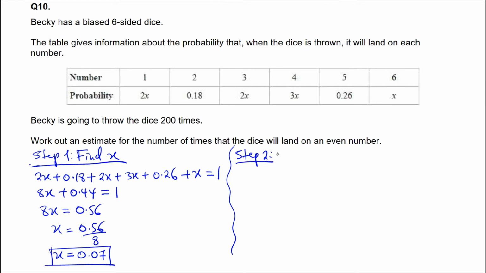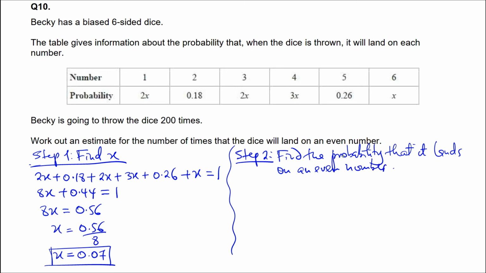Okay, because that's what you're looking at. So even numbers, we have 2, we have 4, we have 6.